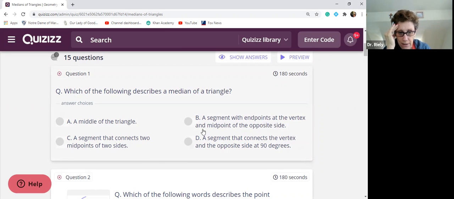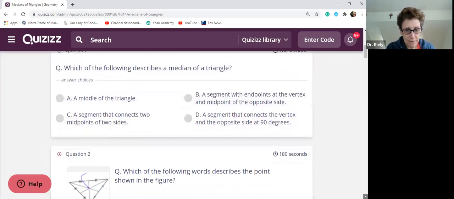Is it the middle of a triangle? No, it's not. Is it a segment that connects two midpoints of two sides? No, it's not. Is it a segment with endpoints at the vertex and the midpoint of the opposite side? Bingo. Yes, it is. So this should have been your answer. And if you look back in the notes, you will see that that's how we defined a median.